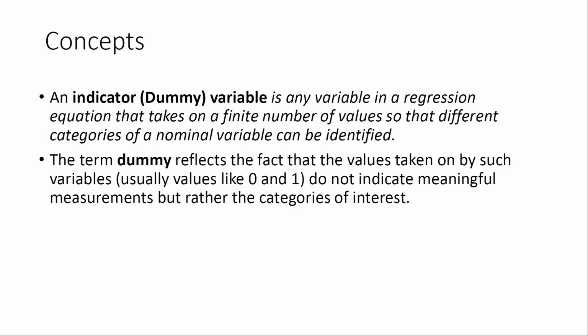In general, if your categorical variable has a total of R categories, the total number of dummy variables you need will be R minus 1. So the total number of categories minus 1 dummy variables will fully take care of all the categories of a nominal variable.